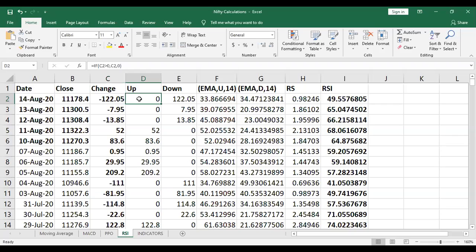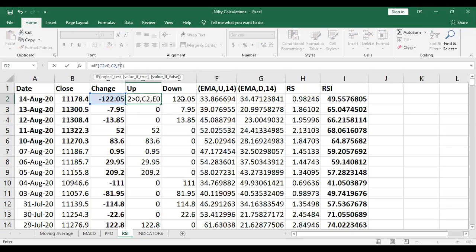Now here we enter the formula: if the change is negative, then upside movement is not considered, so it will be zero. The same situation applies here.